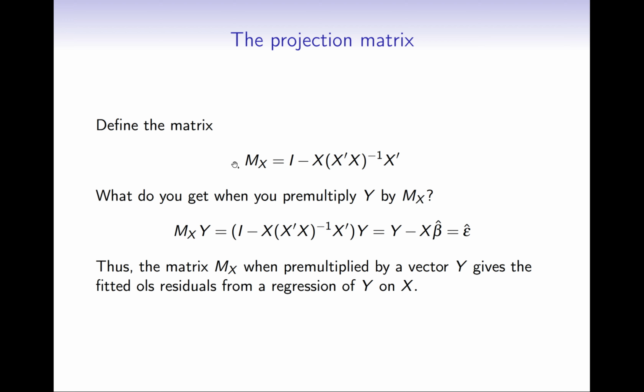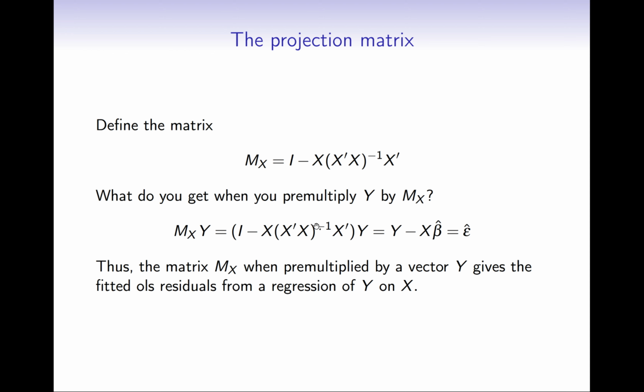Okay, so we define this matrix, M_X, which is the identity matrix minus X, X prime X inverse, X prime. So it's I minus X (X prime X) inverse X prime. Now if you pre-multiply y by M_X, you get y minus X (X prime X) inverse X prime y.